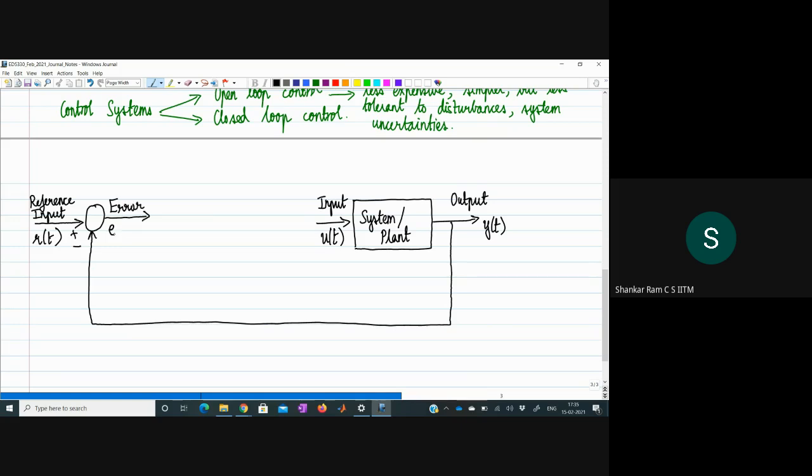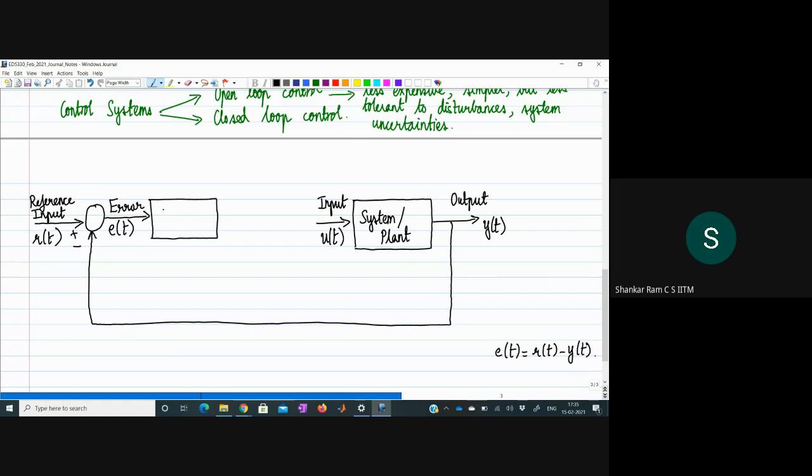Let me call this error e of t. So e of t is nothing but the error, which is r of t minus y of t. It gives us an idea of the difference between what we desire and what we have actually obtained. If my desired heading is 60 degrees and the actual heading is 55 degrees, we can immediately observe that the error is 5 degrees.